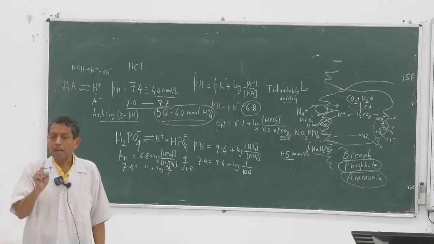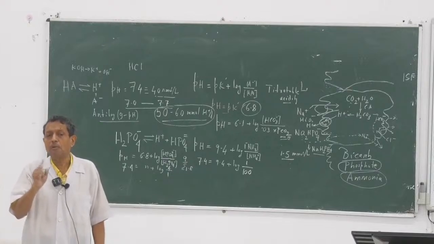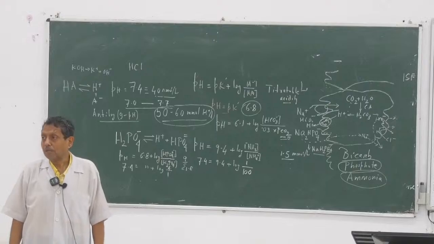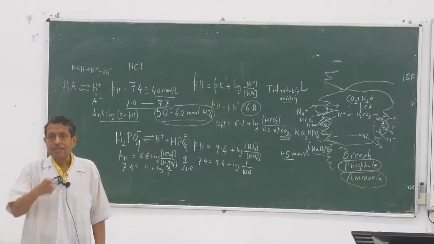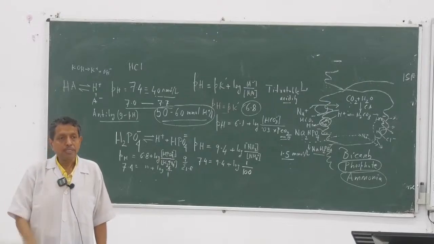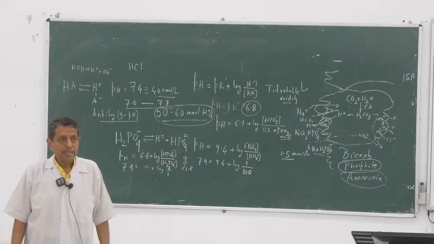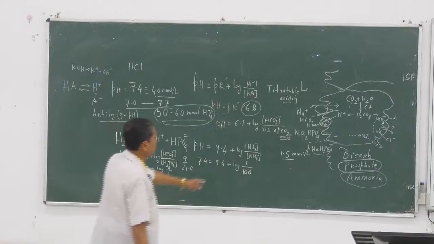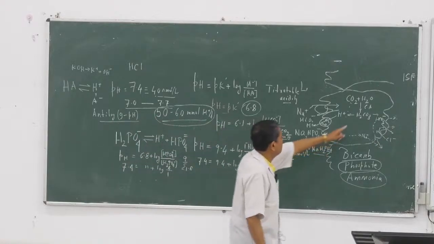But whenever there is the involvement of the ammonia buffer and phosphate buffer, the bicarbonate is not recovered from the lumen, it is a new bicarbonate. So it is replenished in this way.